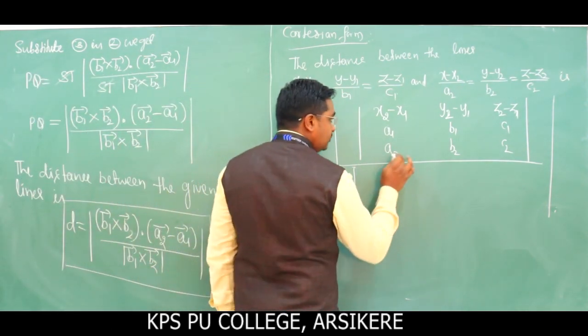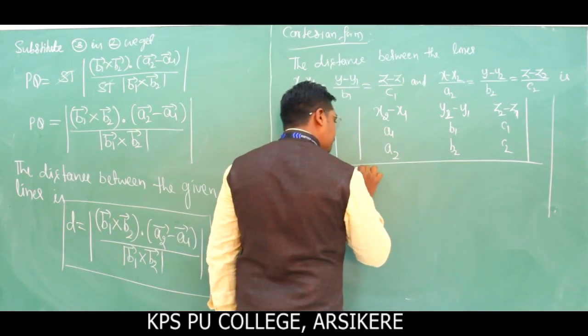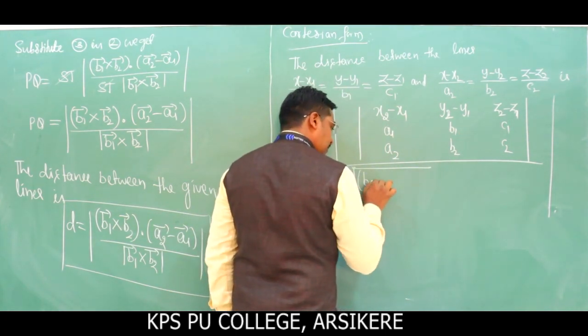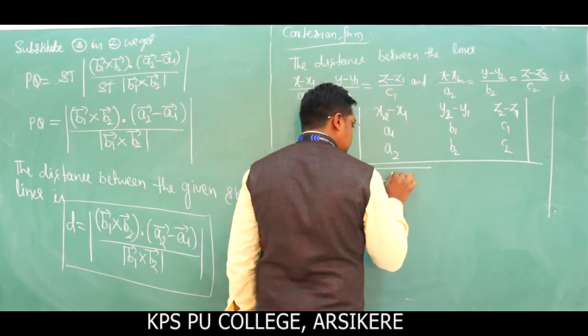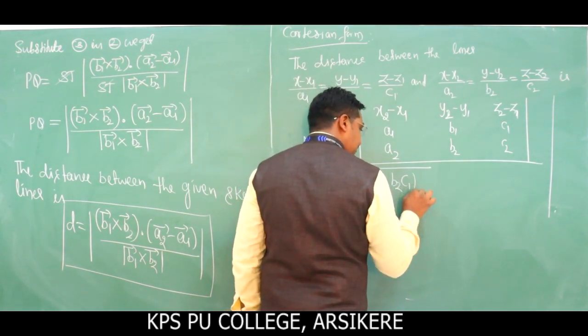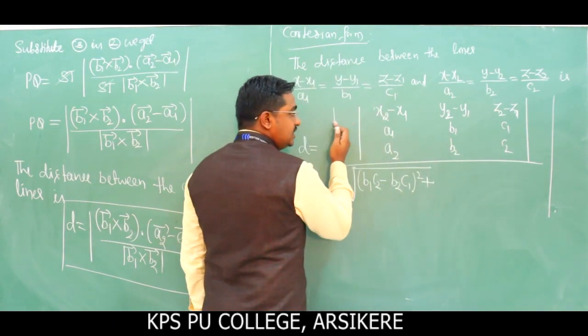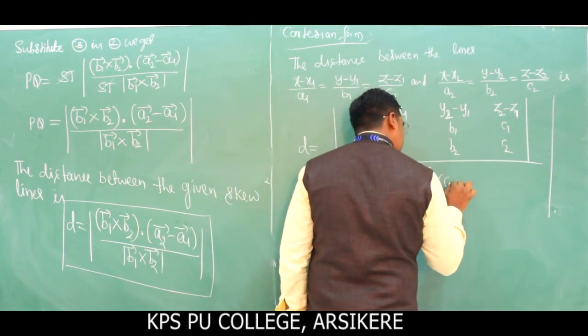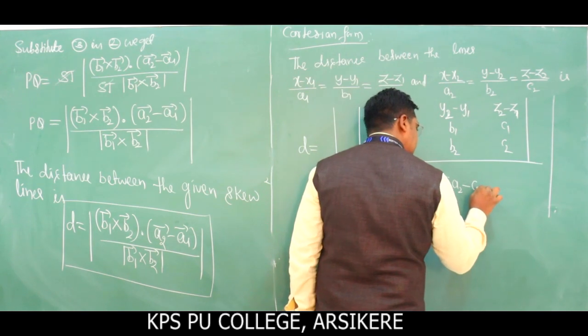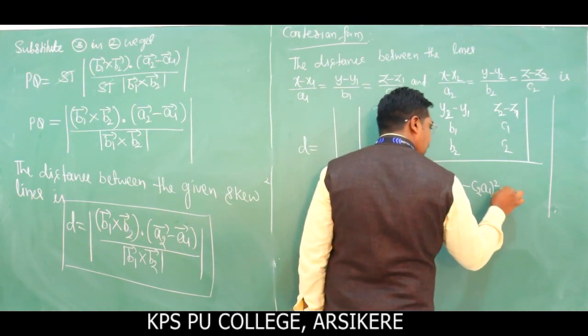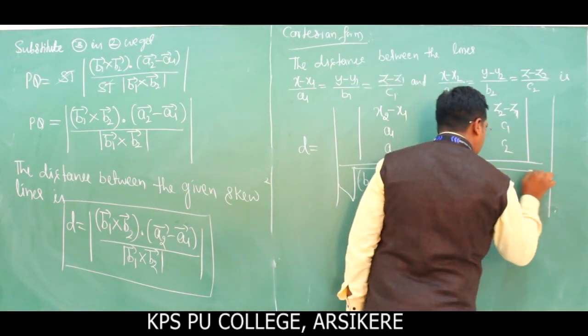Just observe what I do here: b1 c2 minus b2 c1 whole square, plus the second one c1 a2 minus c2 a1 whole square, plus, all under the square root.